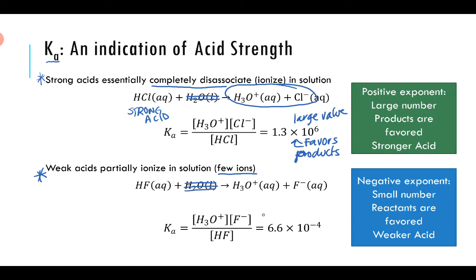Liquids don't appear in the equilibrium expression, so we have our products over our reactants, and this is a very small value. Small values of K mean that it favors the reactants, so it favors being intact molecules with very few ions.